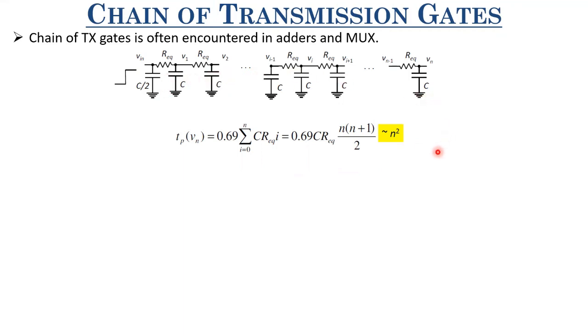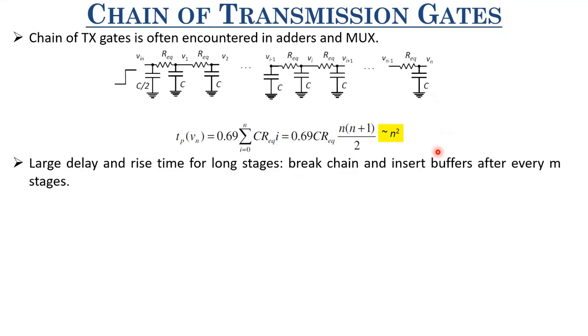Now this is large. Since Tp varies as the square of n, this is telling you that the delay increases significantly. And also, since this is non-regenerative, first there's a large delay because of this dependence on n square, and second, rise time will also be large for long chains. Why? Because it's a non-regenerative circuit.